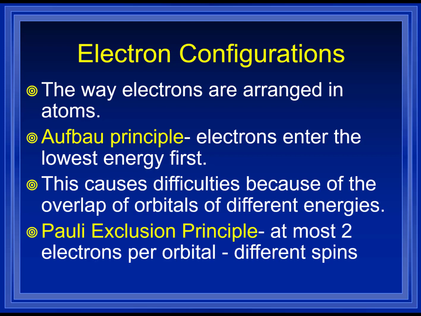How could it move? Well, they said, here's how it could be moving. It could be spinning. And if it spun one way, the magnetic field would go one direction. And if it spun the other direction, the magnetic field would go the exact opposite direction. So if the electron could spin in 2 different directions, then you would get the 2 different kinds of magnets. So they said the electrons must be spinning.